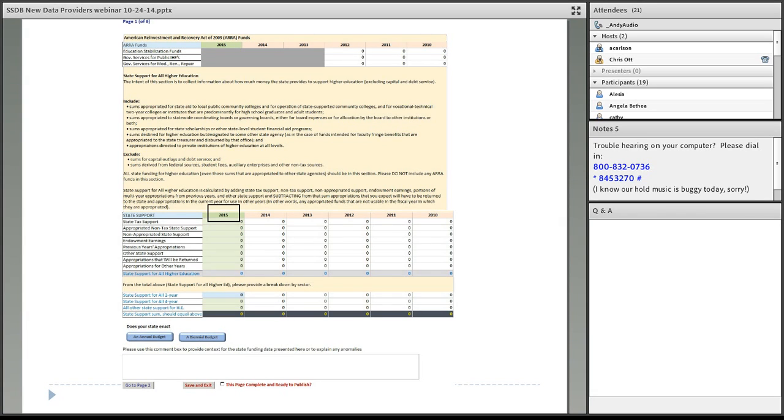It's also the starting point for the SHEF survey, and it's important to remember, and I'll talk about this through each of the other pages, that on the other pages you'll report specific types of state support being used for specific purposes.